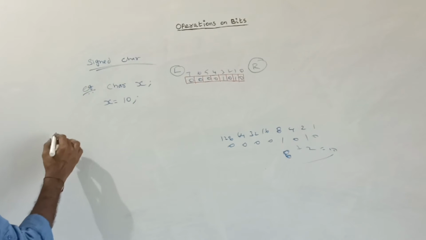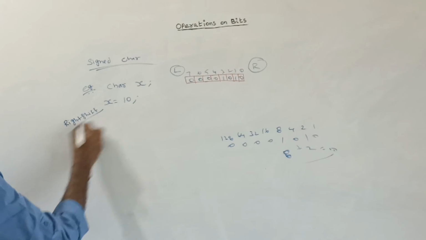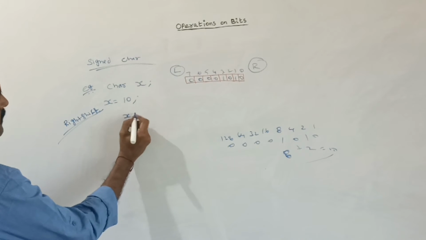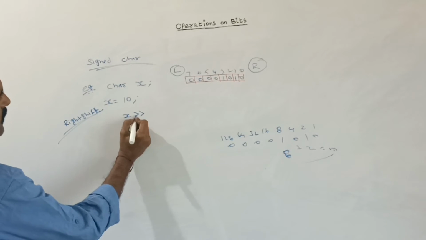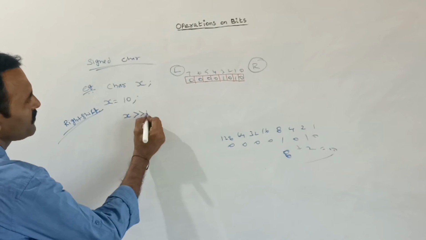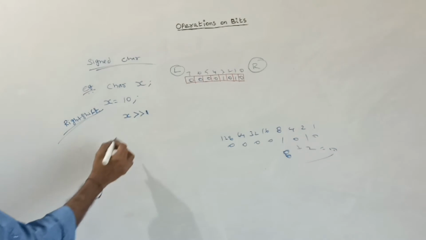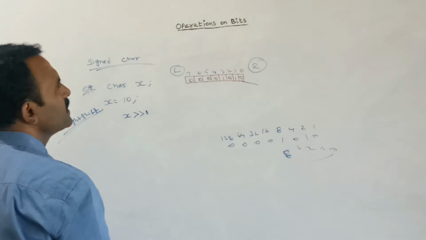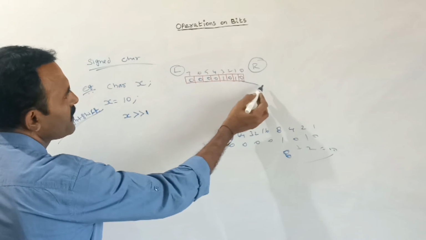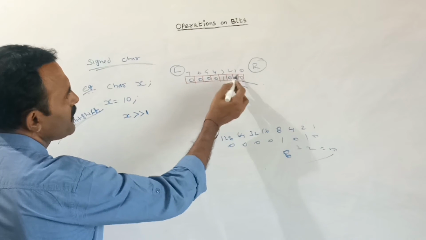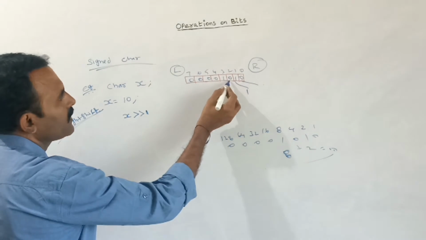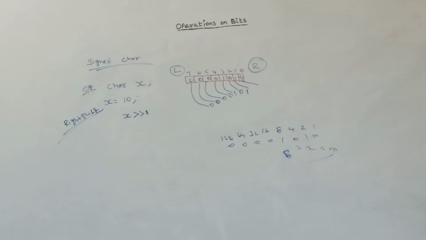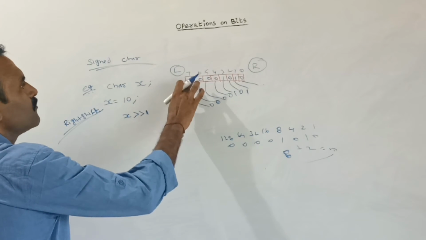Now let us see the right shift of signed character x. For right shift you should use the greater than symbol twice. Next, suppose I give 1, so each and every bit moves towards the right side. So here the 0th bit will be popped out. Next, the first bit moves to the 0th position, the second position bit moves to the first position. In the same way with right shifting, here there will be a blank space.